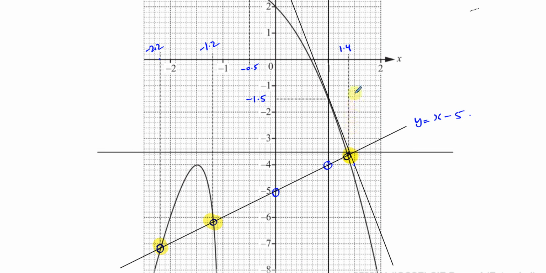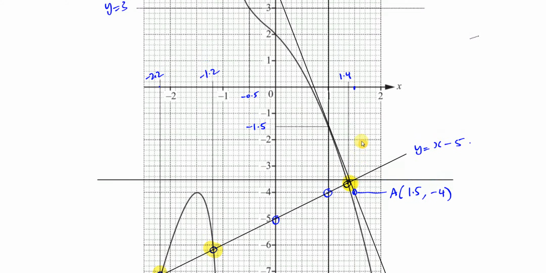You can see this point here. I'm going to choose this point. I'm going to call this point A. And this point, as we can see, is 1.5 for the x, and for the y, it's -4. That's a nice easy point for us to read from there.